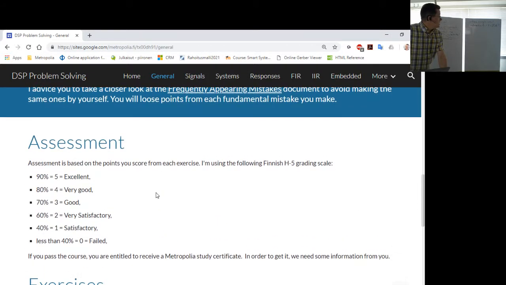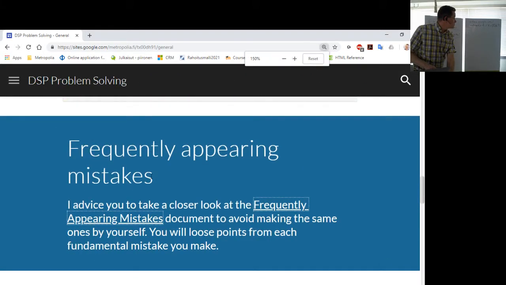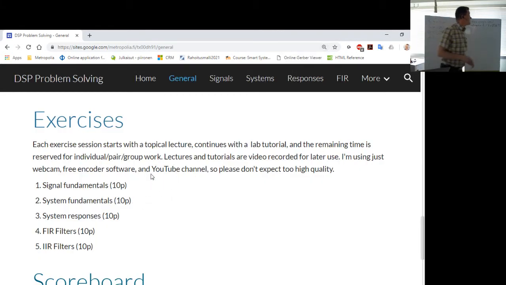Okay. About assessment. This is the Finnish 1 to 5 grade system that we are using in the universities of applied sciences. So we have these 5 exercises, or 7 exercises for a longer course. Each of those is 10 points.